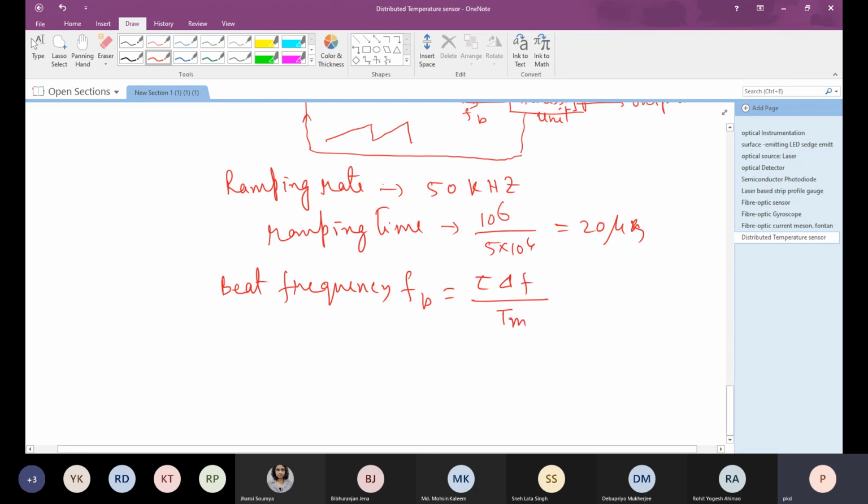Tm is the ramping time, the ramping period, and delta F is the frequency deviation.